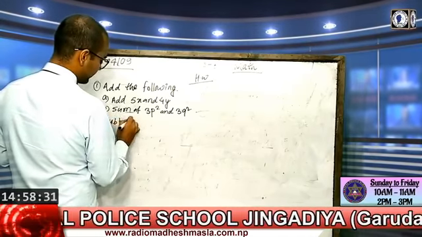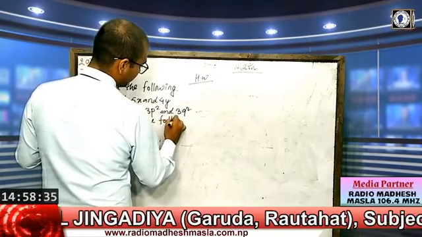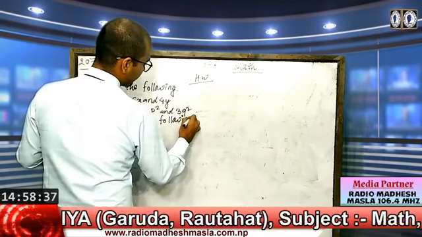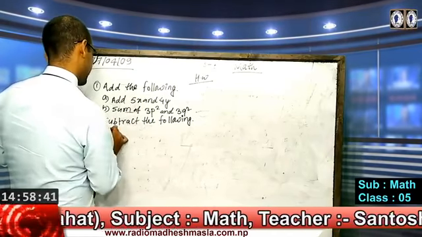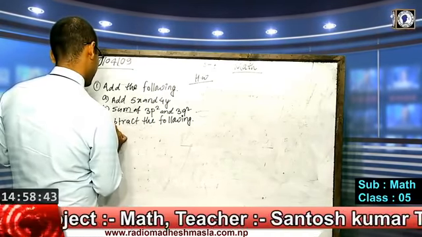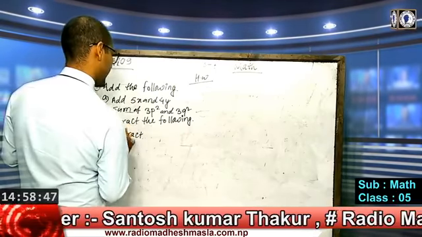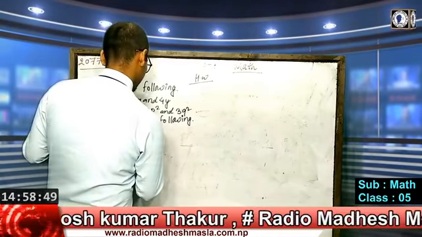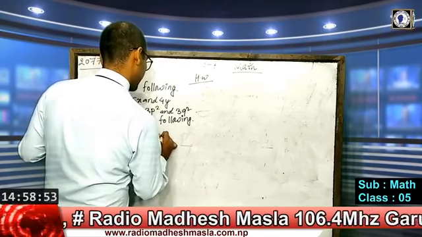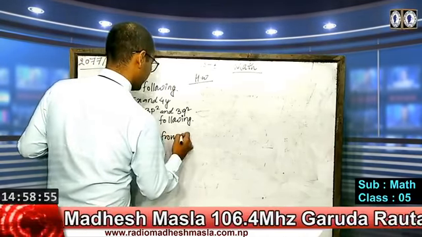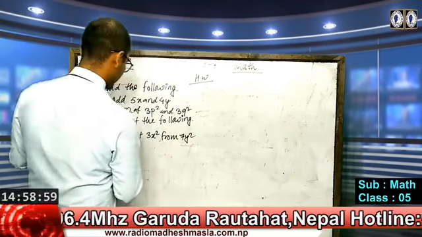In the same way, in question number 2, subtract the following. In question number 2A, subtract 3x square from 7y square.